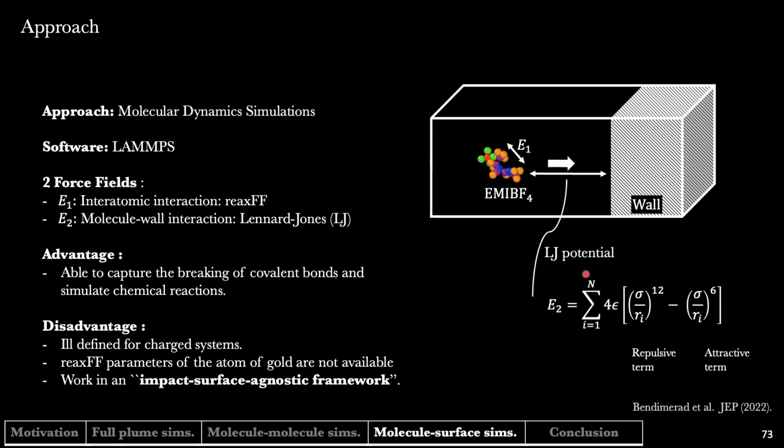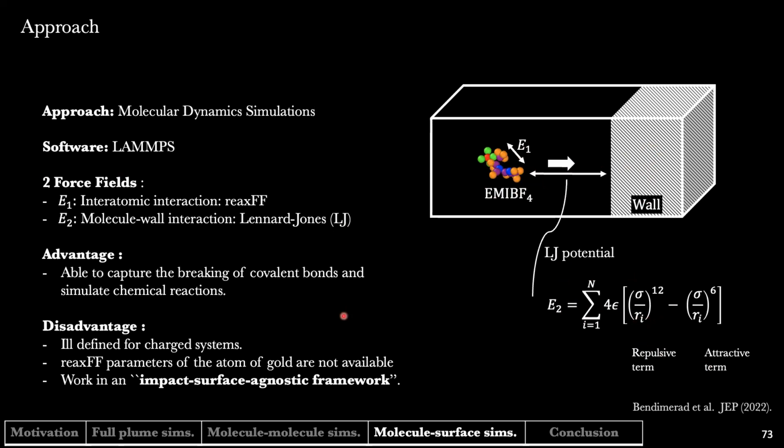The Lennard-Jones potential has a repulsive term and an attractive term, and these coefficients, epsilon and sigma, are given in the literature, and the potential depends on the distance of the atom i from the wall.